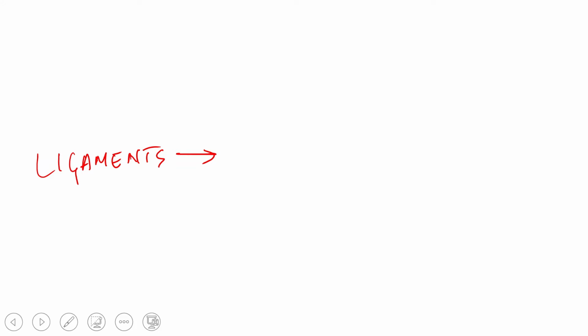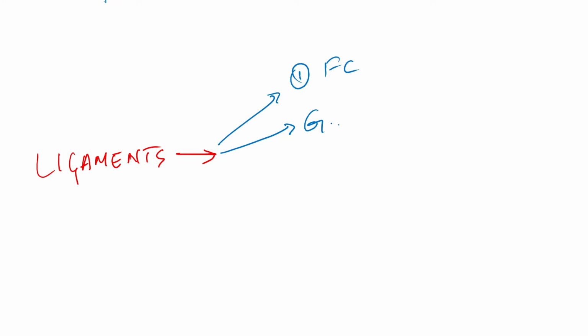When we talk about the ligaments of the joint, there are 5 ligaments of the shoulder joint. These 5 ligaments are: number 1 is the fibrous capsule of the joint. Then next comes the glenoid labrum.